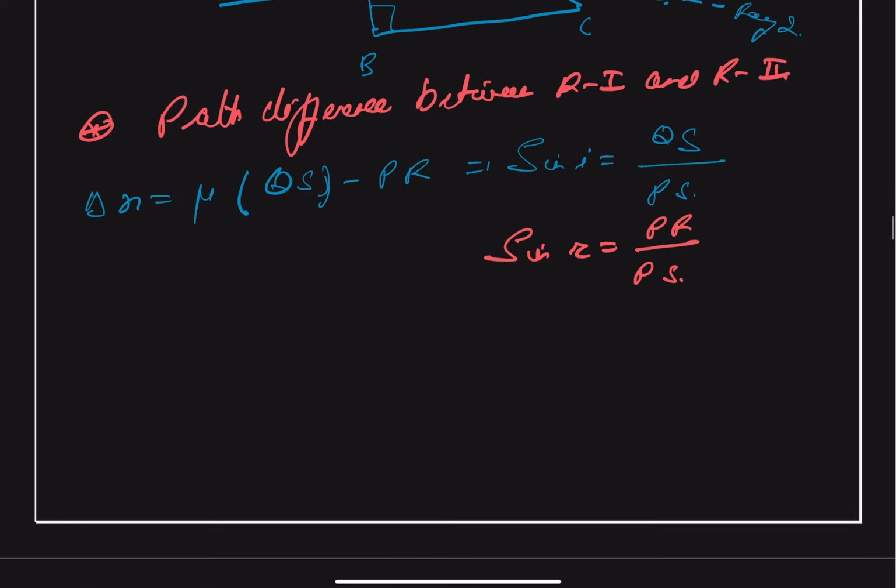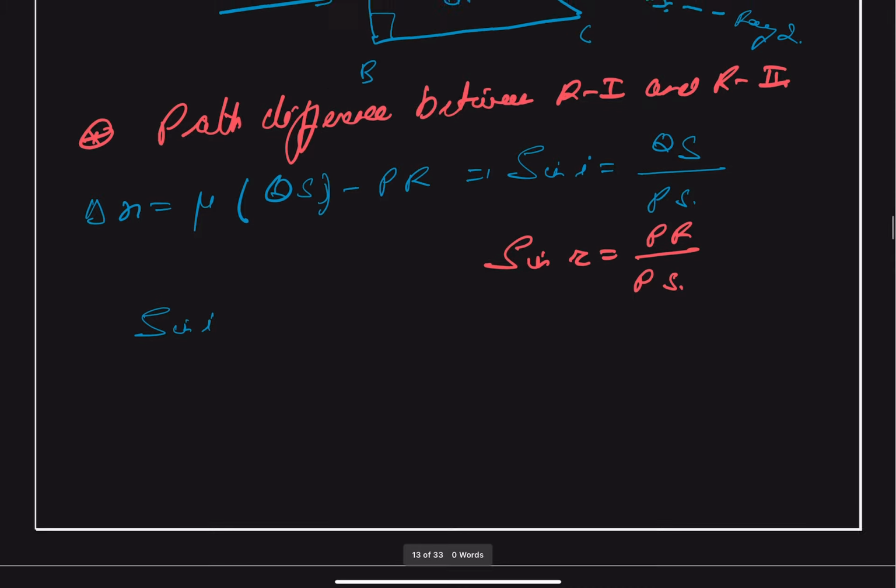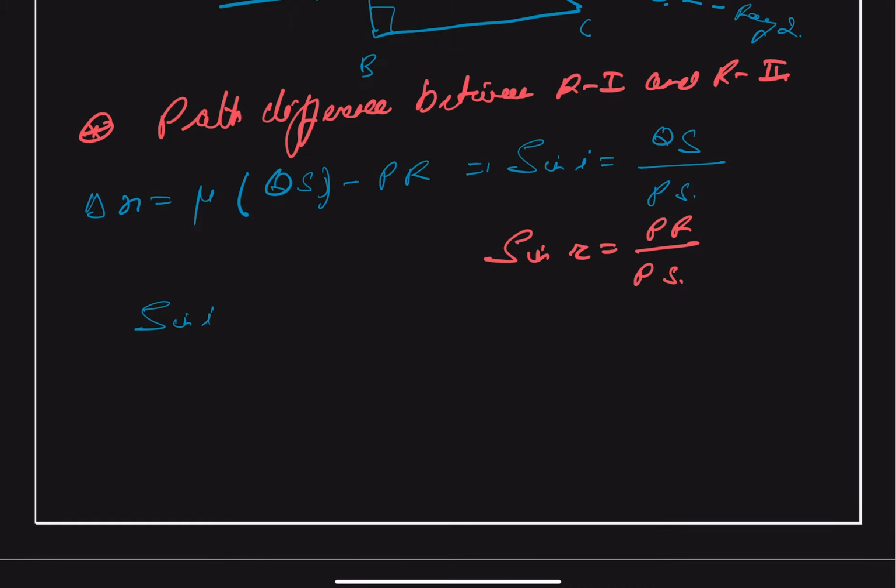So if we take their ratio, sine r upon sine I gives us PR upon PS divided by QS upon PS, and this comes as PR upon QS, and that will be equal to mu, because sine I upon sine r is nothing but our mu.